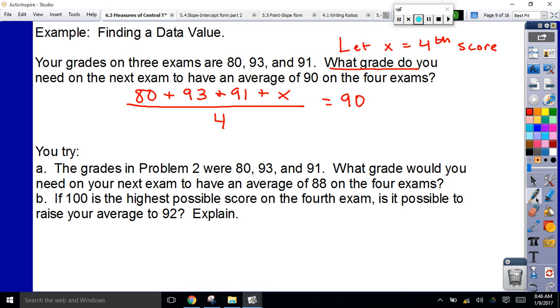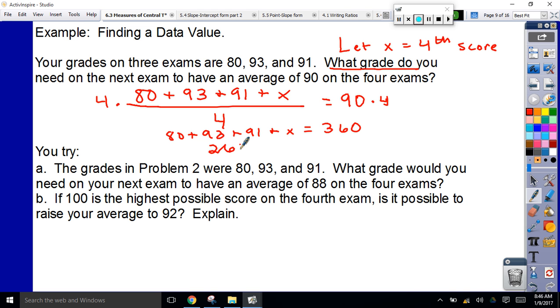Okay, so if I sum all of these up, actually, let me first, I'm going to multiply by 4 first. So I'm going to multiply both sides by 4. Get rid of the 4. And then I have 80 plus 93 plus 91 plus x equals 360. If I add 80, 93, and 91, I get 264.